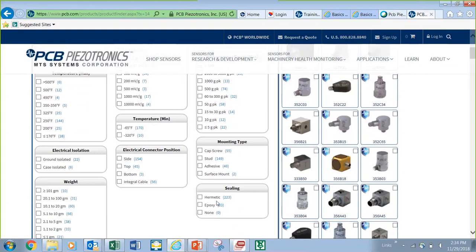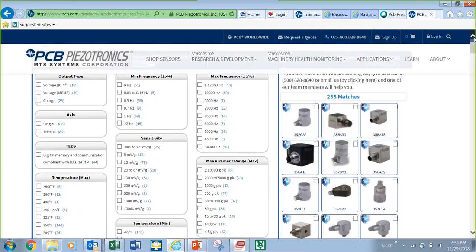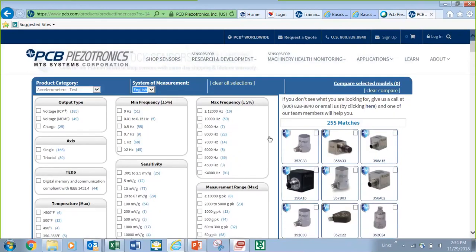Other types of sealing methods would be epoxy. That's not a large content of it, but all of our sensors you'll find will be either epoxy sealed or hermetic.